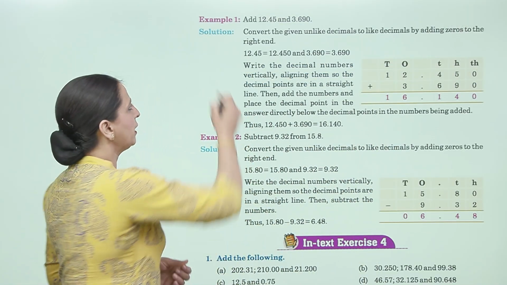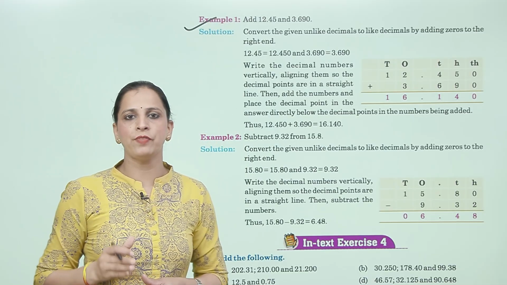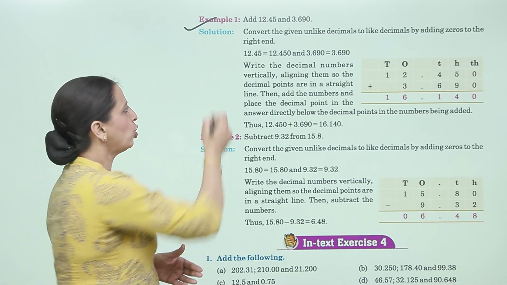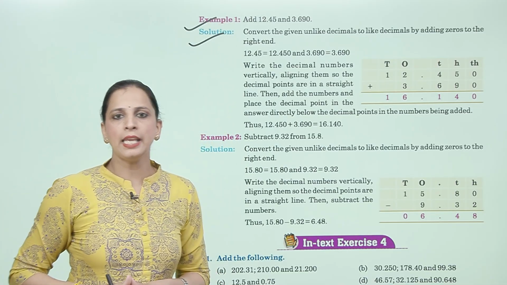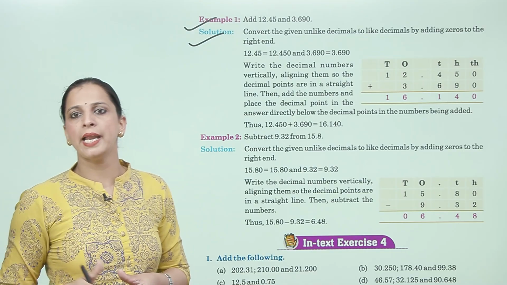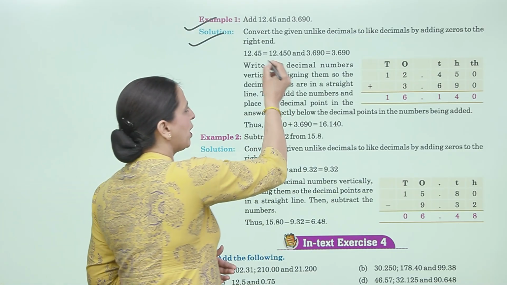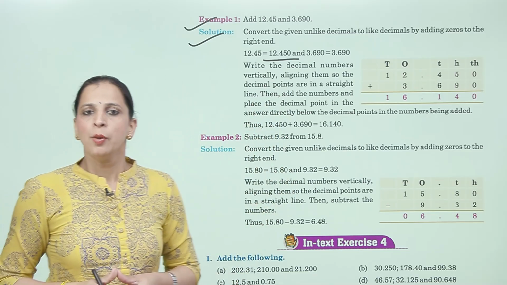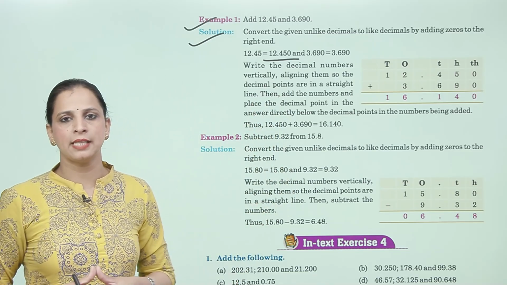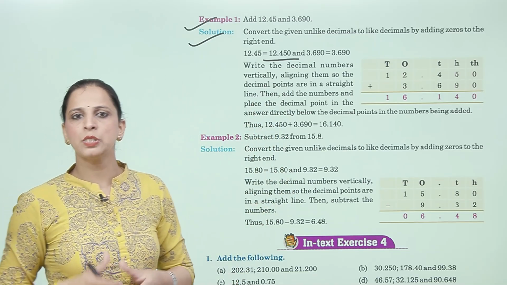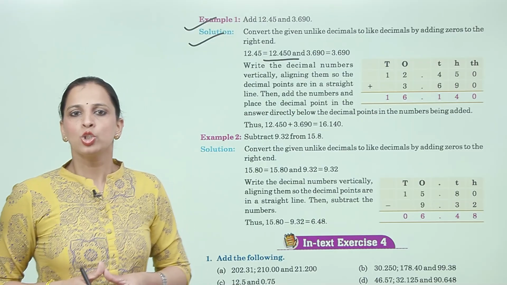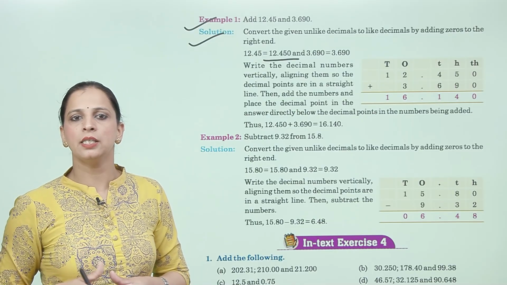Now, example 1, add 12.45 and 3.690. Solution, convert the given unlike decimals to like decimals by adding zeros to the right end. 12.45 becomes 12.450 and 3.690 is 3.690. Write the decimal numbers vertically, aligning them so that decimal points are in a straight line.